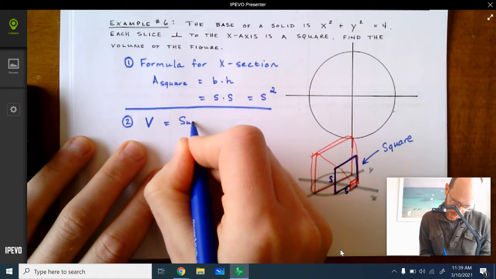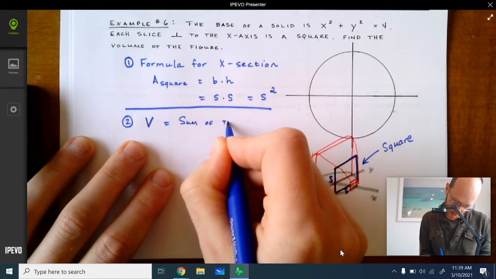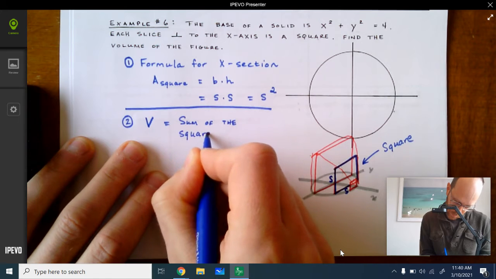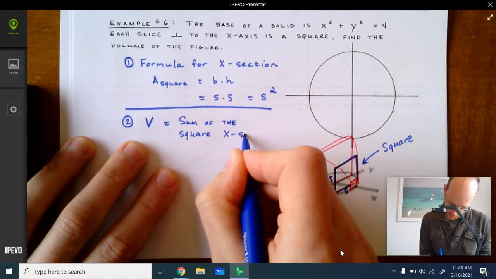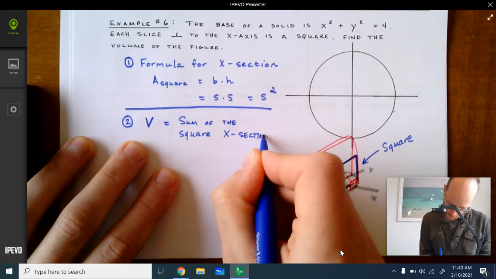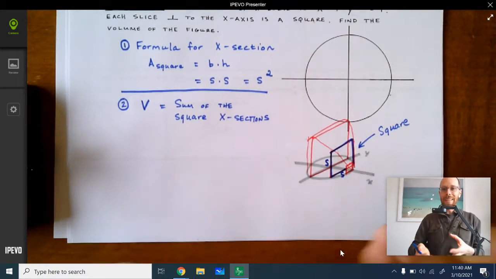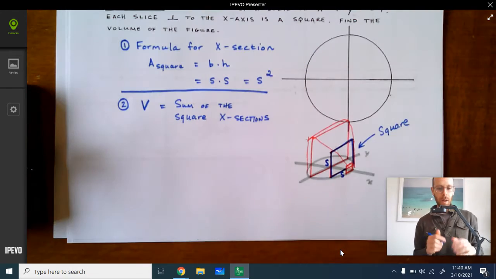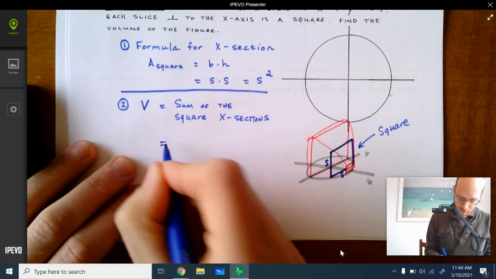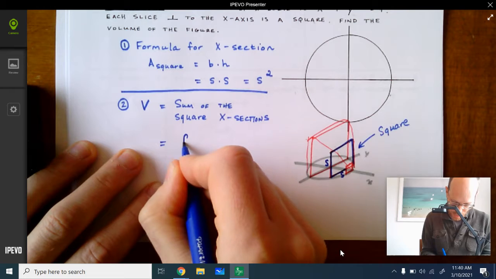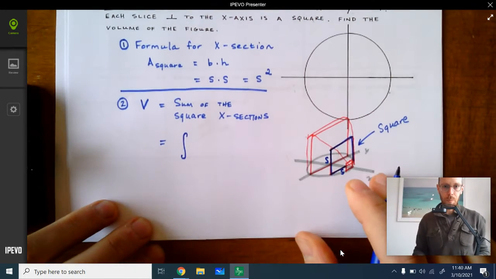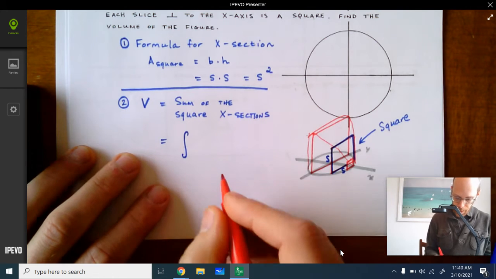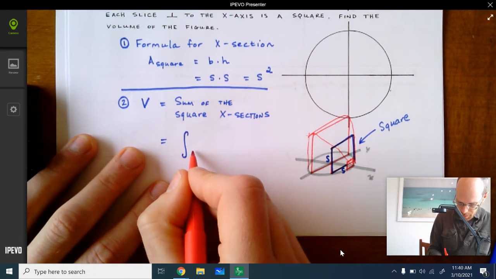So it's going to be the sum of the square cross sections, and since we have an infinite number of these little cross sections, we find that sum by taking the integral. And this would be the integral of the squares.